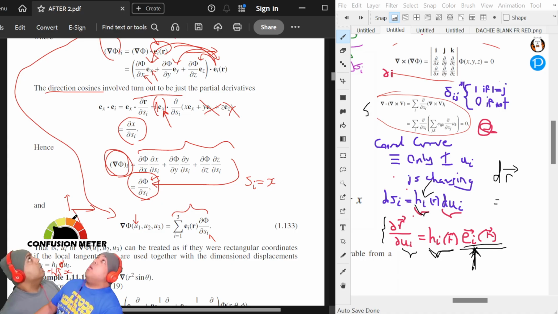But in Cartesian, that length is 1. So it'll be s_i equal 1 times x, which is what we expect. So yeah, it makes sense.